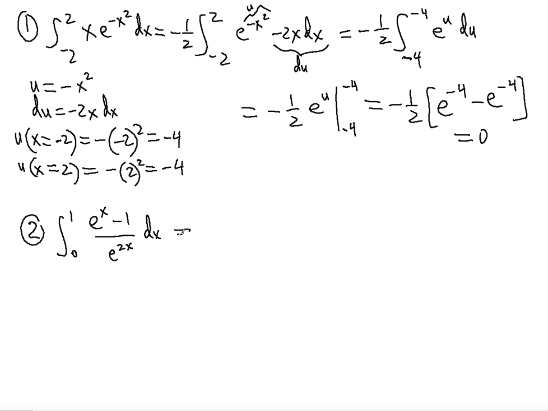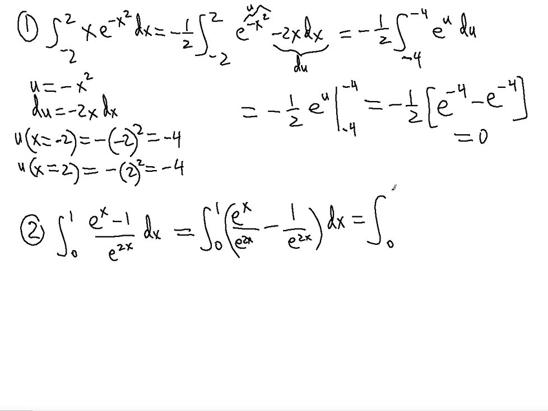So the best thing to do is to split this integral into two parts by having e to the x divided by e to the 2x minus 1 over e to the 2x dx. Okay, and then we can have two integrals that way. Notice that e to the x divided by e to the 2x can be expressed by taking out the greatest common factor.